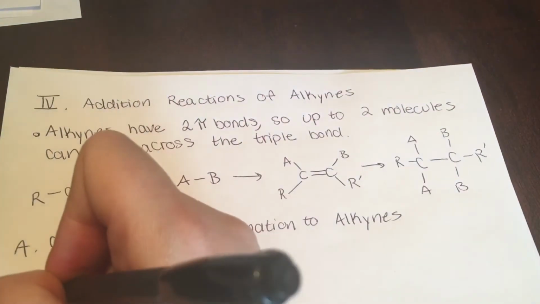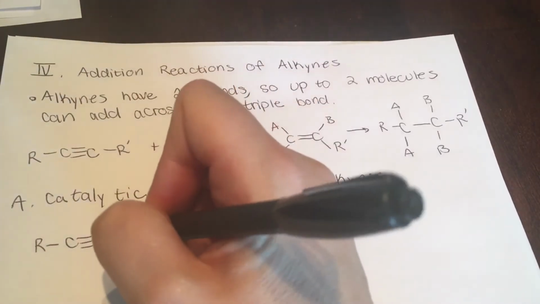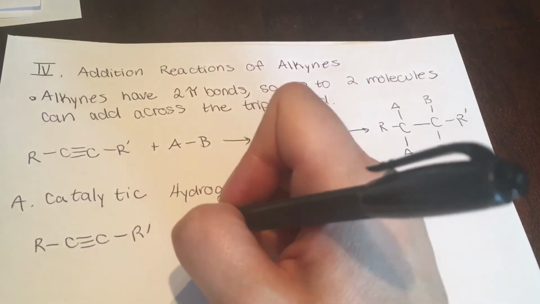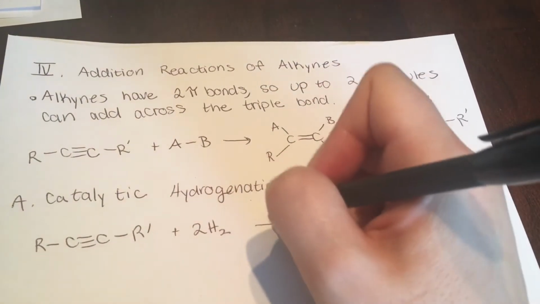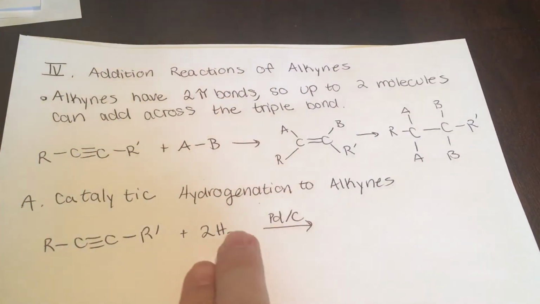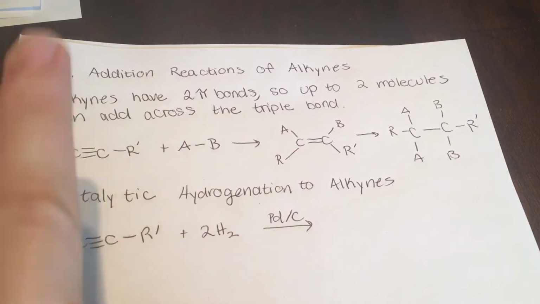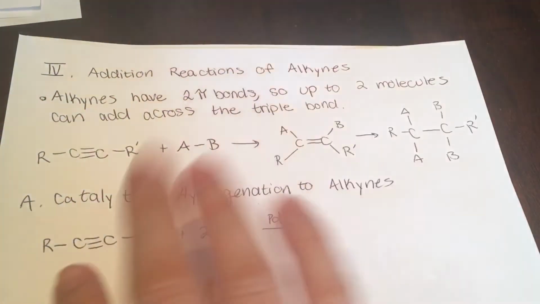So if you were to have that generic alkyne and you react it with 2 equivalents of H2 gas, and you use a catalyst of palladium on carbon, it's just going to add 2 molecules of hydrogen gas across that triple bond.